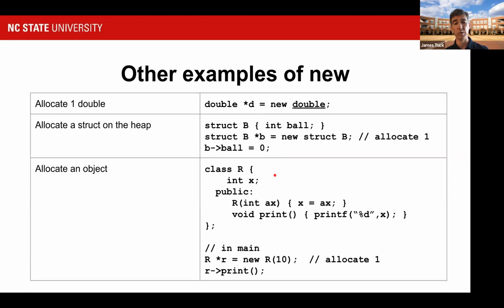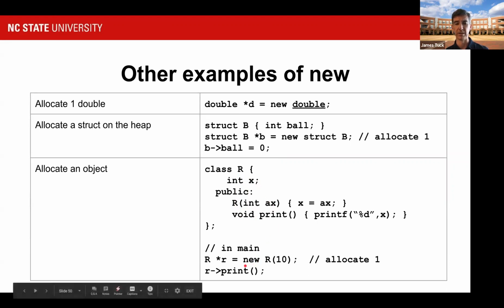And then we can also use new with an object. So let's say I have this class called R, and inside this class I have a constructor. I know that this is a constructor because it has the same name as the class, and this constructor can be used to initialize the x member variable.